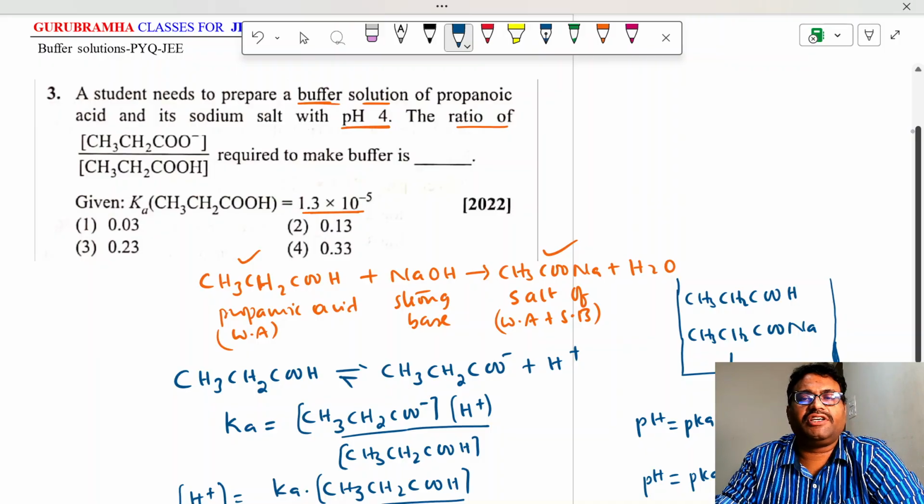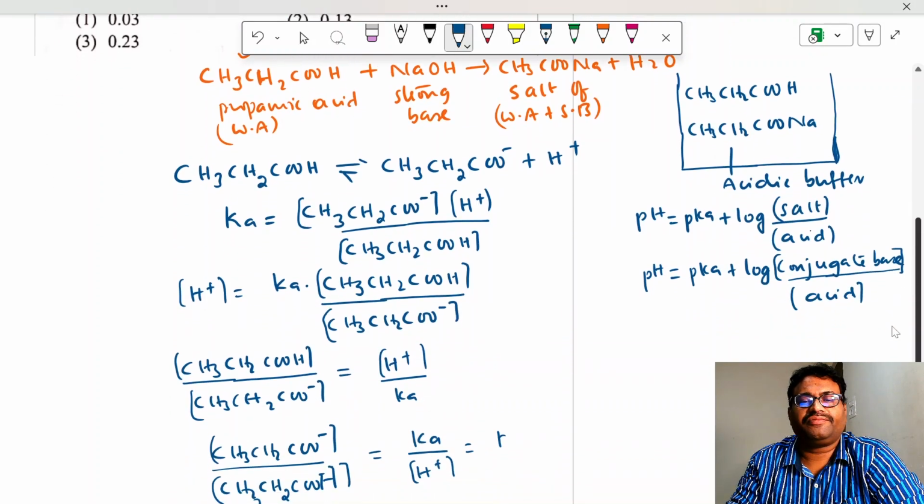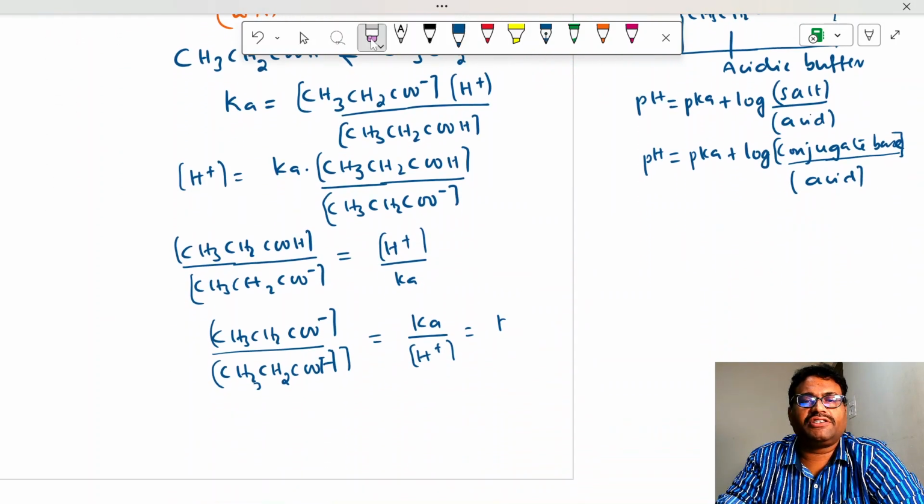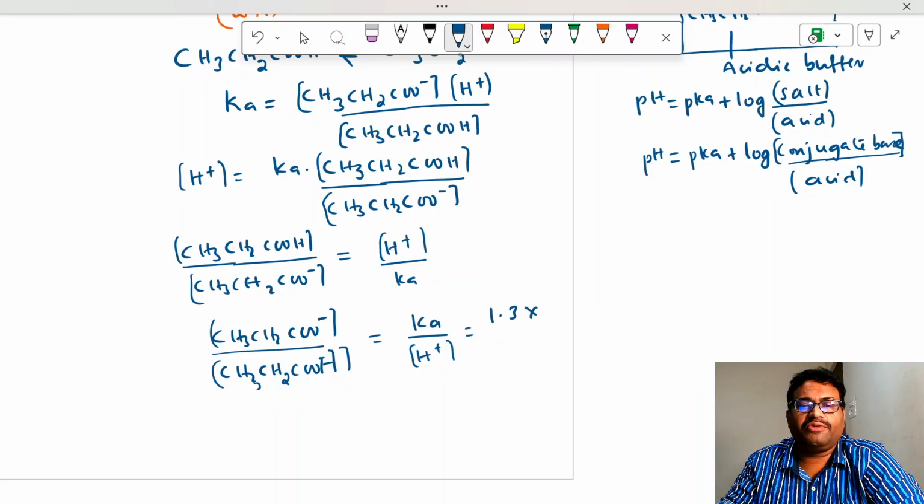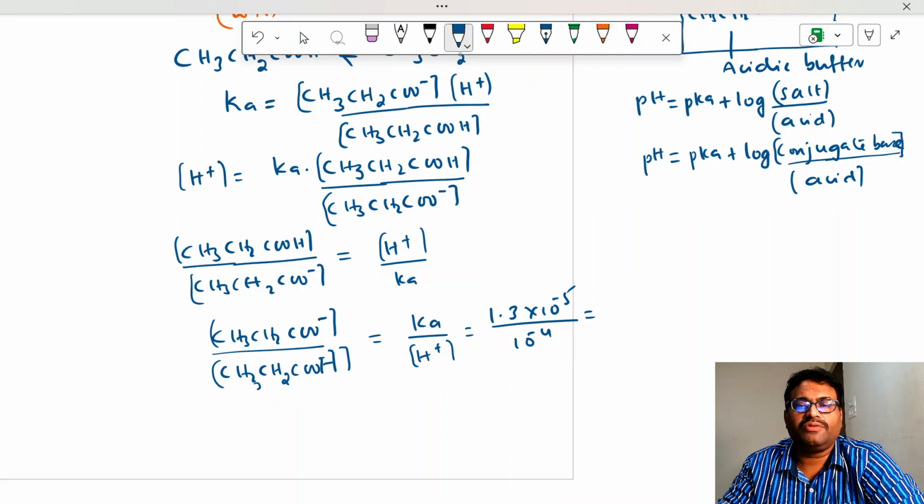pH is given as 4. H plus ion concentration will be equal to 10 power minus pH, that is 10 power minus 4 molar. So Ka is 1.3 into 10 power minus 5, by 10 power minus 4. That is equal to 1.3 into 10 power minus 5 plus 4, which is 1.3 into 10 power minus 1, that is 0.13.